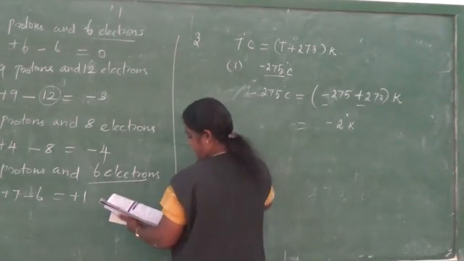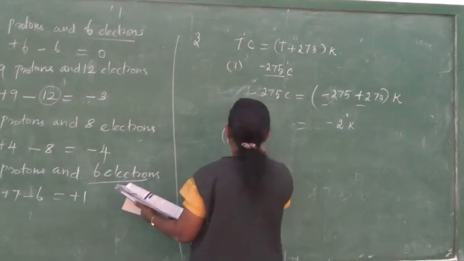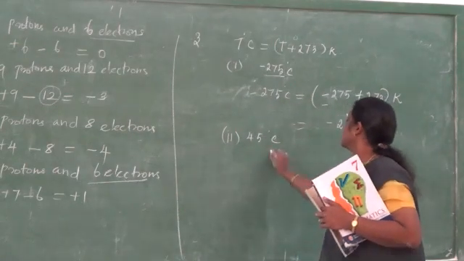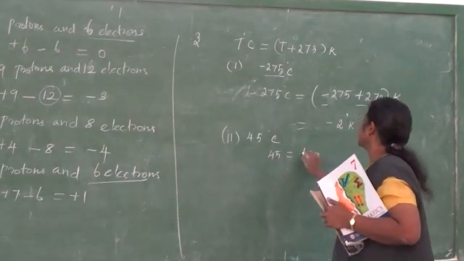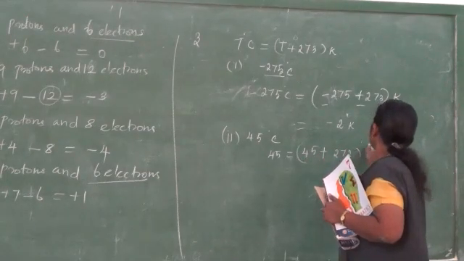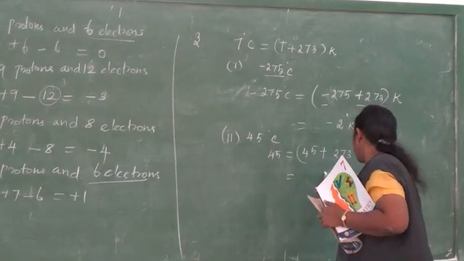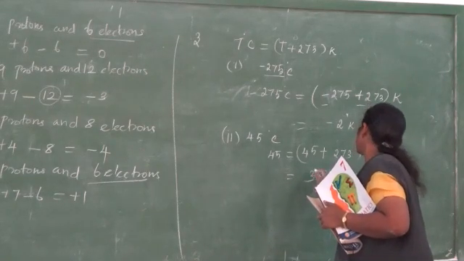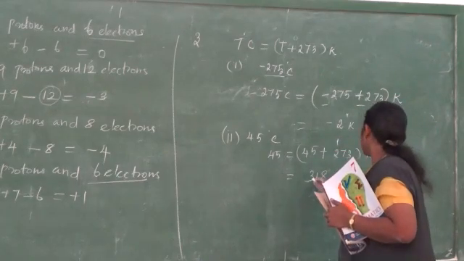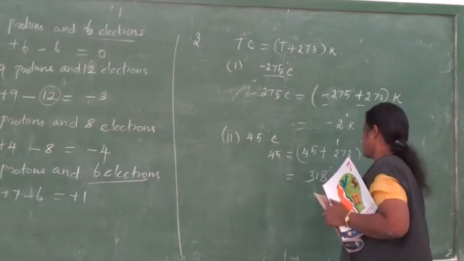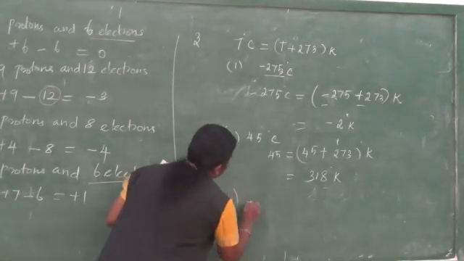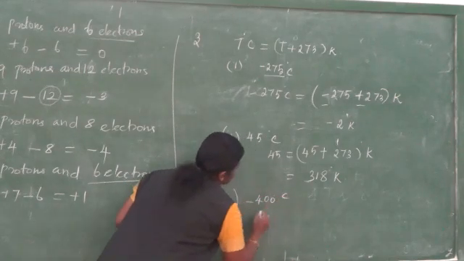Second one, 45 degrees Celsius. So 45 equal to 45 plus 273 Kelvin. If you are adding, 5 plus 3, 8, 4 plus 7, 11. So 318 degree Kelvin. Come to third one, minus 400 Celsius.